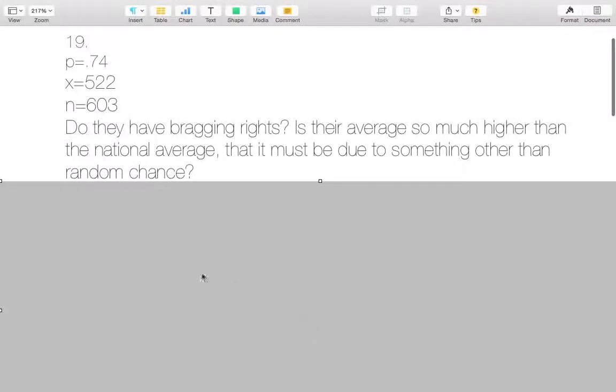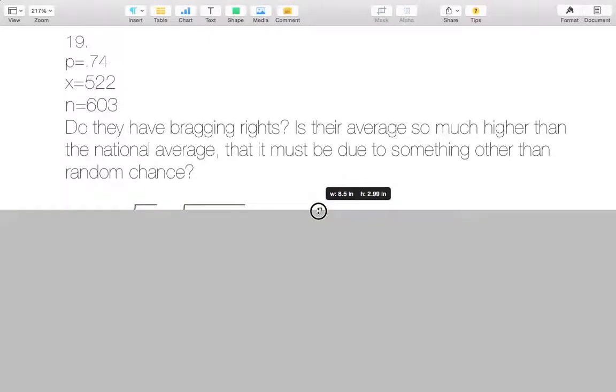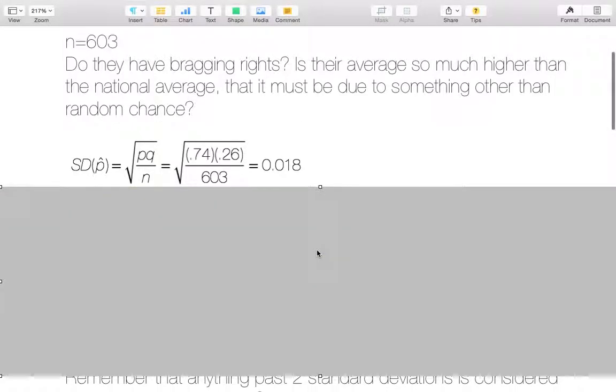So the information they give us is the probability is 0.74, so that's our P. X, the number of successes, in this case would be the number of students that return after their freshman year, meaning the retention rate. So you have 522 out of the 603 freshmen. If we look at how we're going to do this, I've asked for probability, so really I'm asking you to look at normal CDF.